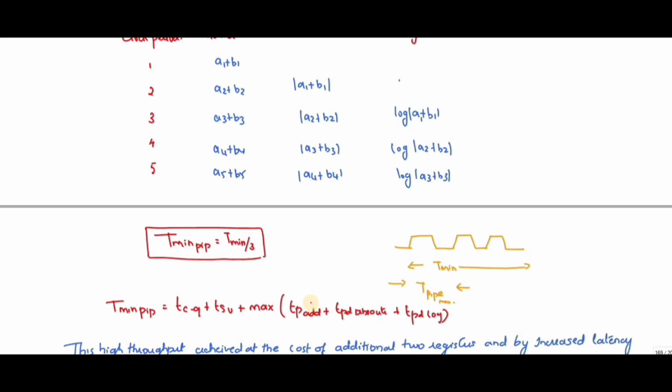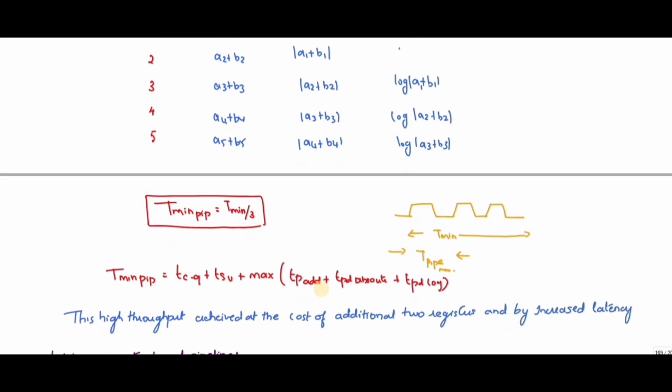Because in the conventional system, only 1/3 of the clock period is utilized, and the remaining 2/3 of the clock period is wasted. That is why we are going for pipelining.